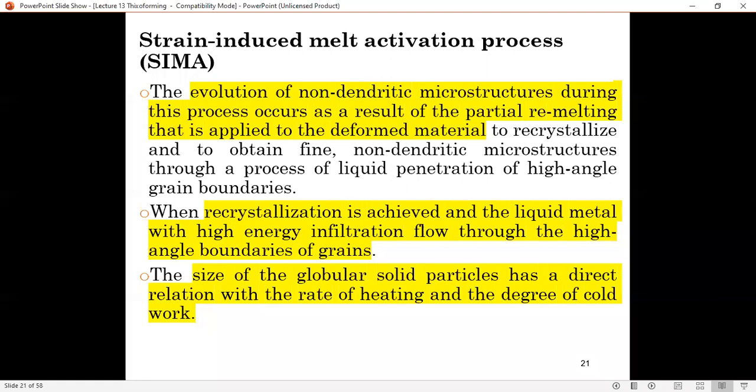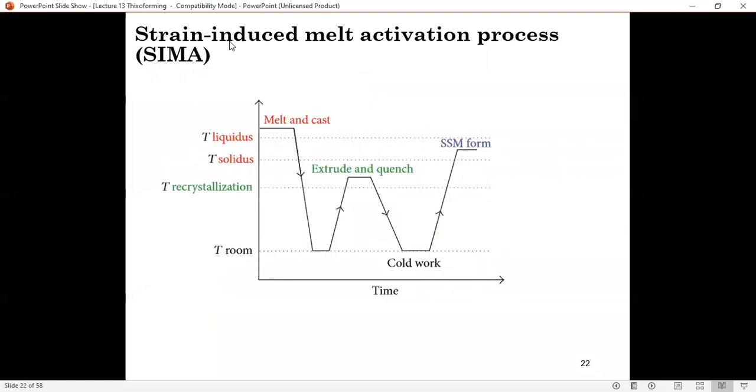So I'm going to show you here. This is the SIMA method. What happens is you melt the materials and cast, and then you extrude the materials above the recrystallization temperature. Again, this is the liquidus, this is the solidus, and this is the recrystallization temperature.